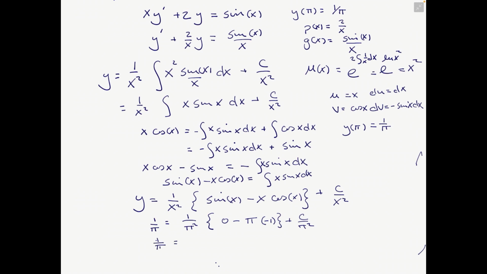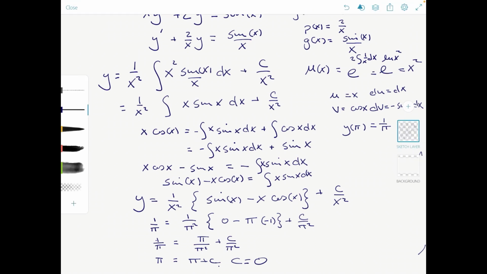And we got pi equals, alrighty, 1 on pi equals pi plus c on pi squared. So we have pi equals pi plus c, c equals 0. So our solution then, c is 0.